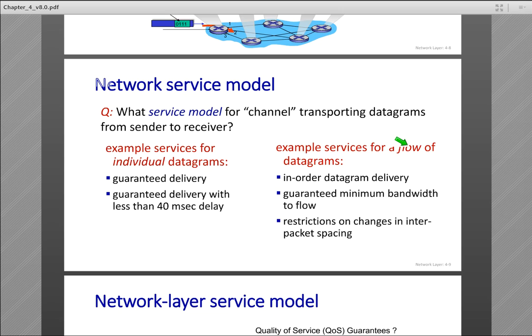And if I send them into a similar path, I can guarantee that those datagrams will arrive at the receiver in order.